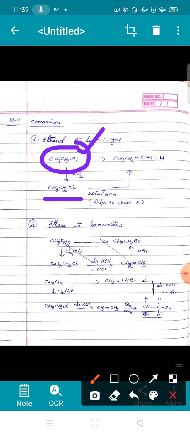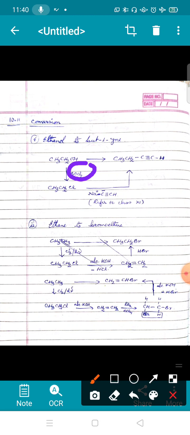There was Lucas reagent, there was phosphorus halide, phosphorus trihalide and pentahalide, and also SOCl2. SOCl2 is named thionyl chloride. If you are given a choice of which halogenating agent to go for, practically SOCl2 is a better choice.